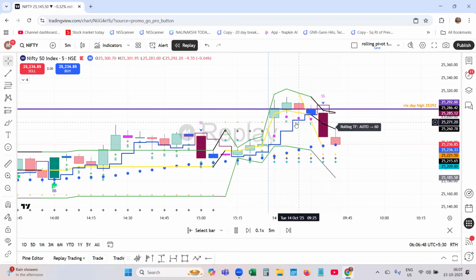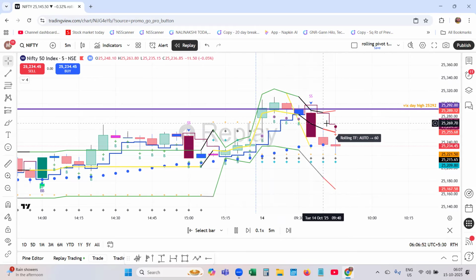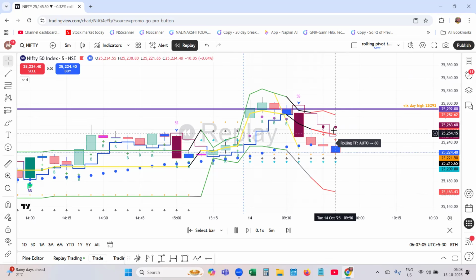Now you can see the price, the Gann HiLo trend has flipped and the rolling pivot is showing red color. Can you see? Rolling pivot is showing red color. This is S1, this is R1, and this is the pivot.